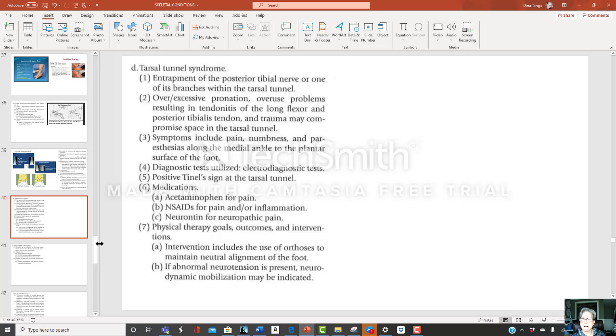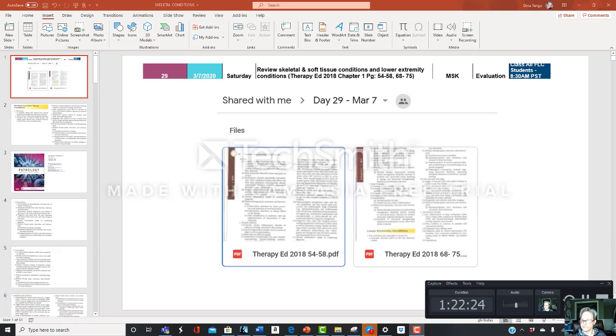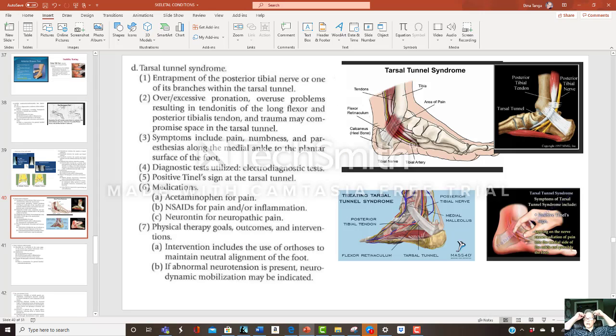Physical therapy goals, outcomes, and interventions include use of orthosis to maintain neutral alignment of the foot. If abnormal neurotension is present, neurodynamic mobilization may be indicated. Okay, so I've got a few pictures, like this one up here in the top right-hand corner.